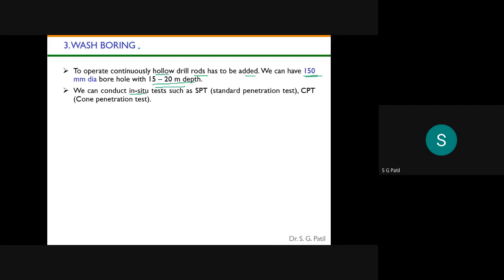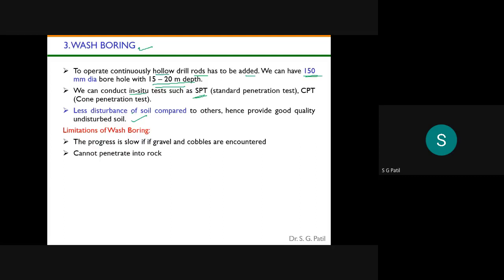In that borehole we can carry out in situ tests like SPT and CPT, because we have enough diameter so that SPT and CPT equipment can fit inside this 150 mm diameter borehole. There is less disturbance of soil samples compared to others, hence it provides good quality undisturbed soil samples. As I previously mentioned, from this wash boring you can get both disturbed and undisturbed soil samples. If you use a thin walled sampler, then you will get undisturbed samples.